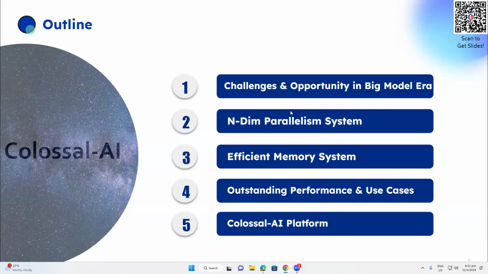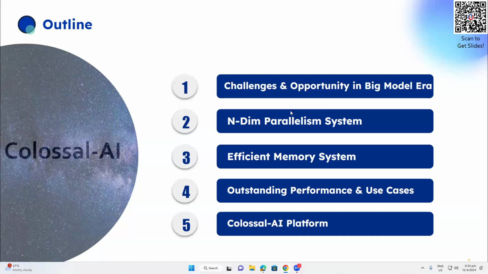Because today, you probably heard the news OpenAI is using 25,000 GPUs to train their AI models. 25,000 GPUs. Each GPU also has hundreds or even thousands of threads. So you have so many processors.